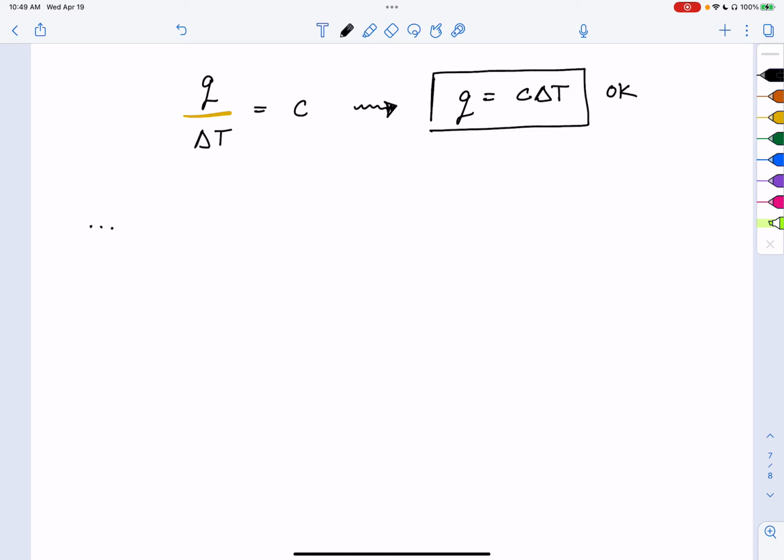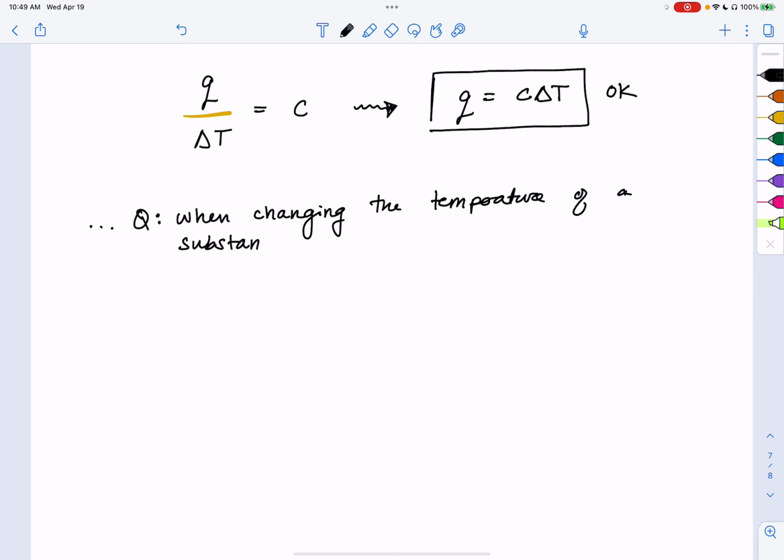So I'll leave you with a question at the end of this lecture. So, question. When changing the temperature of a substance, what else is going to affect that change in temperature?